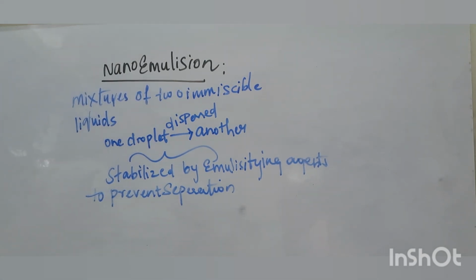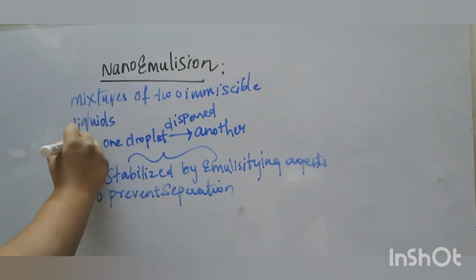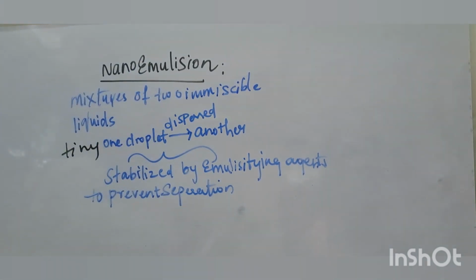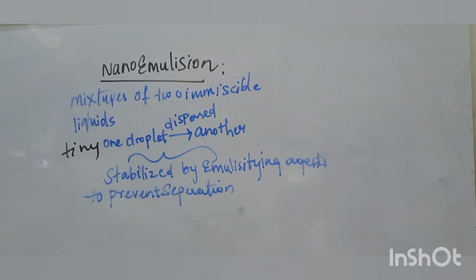So firstly you need to know what is meant by emulsion. As you know, emulsion is a mixture of two immiscible liquids, right? Oil in water or water in oil is an example of emulsion. That means one droplet will disperse into another droplet, which is stabilized by an emulsifying agent to prevent separation.